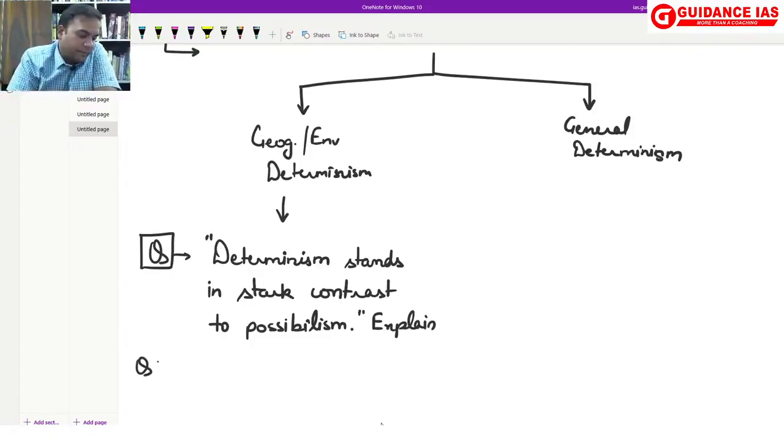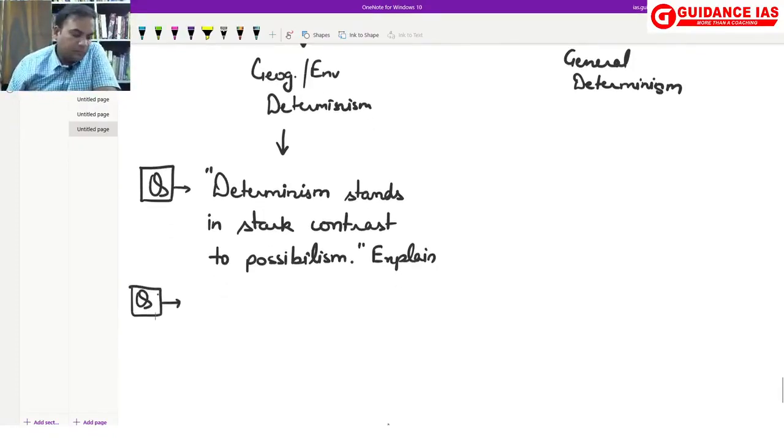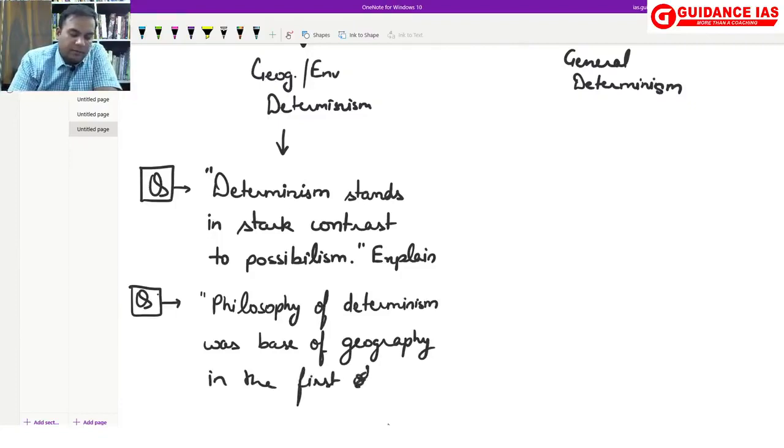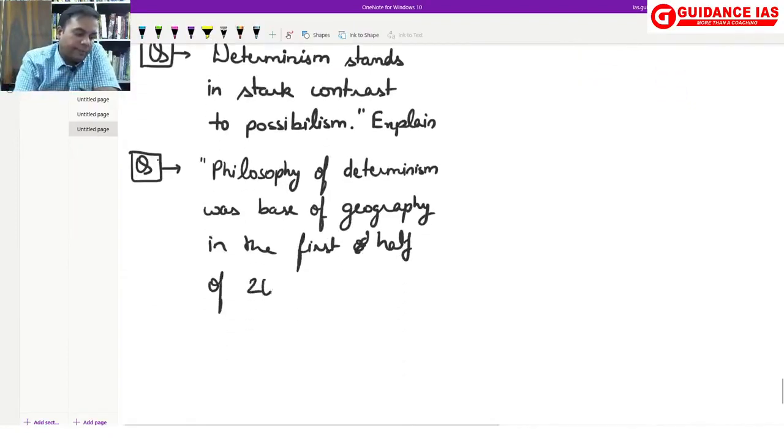Another question I can think of: philosophy of determinism was the base of geography in the first half of the 20th century.